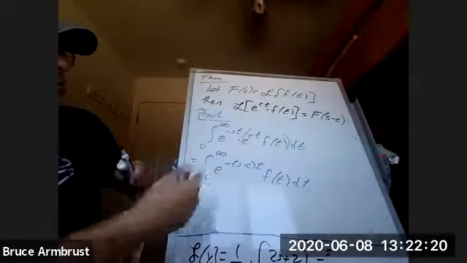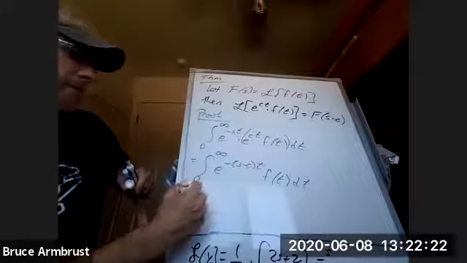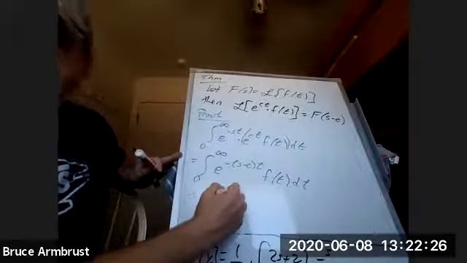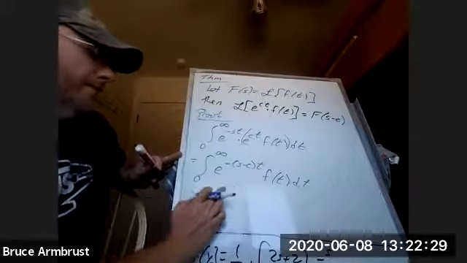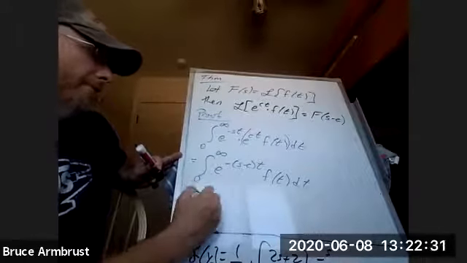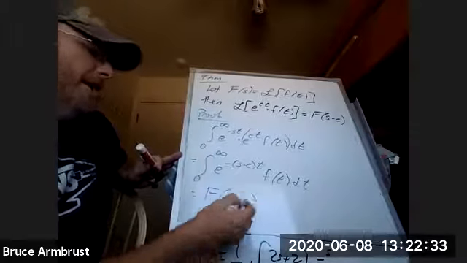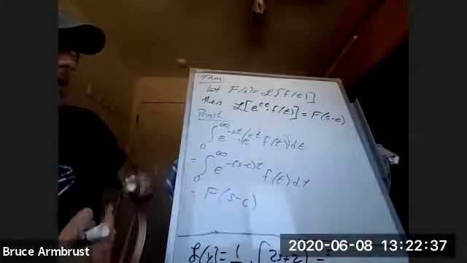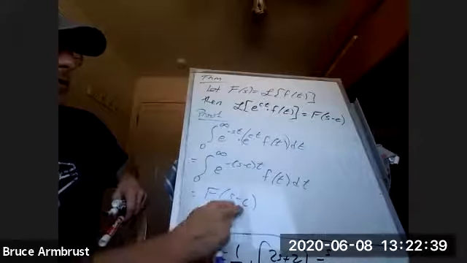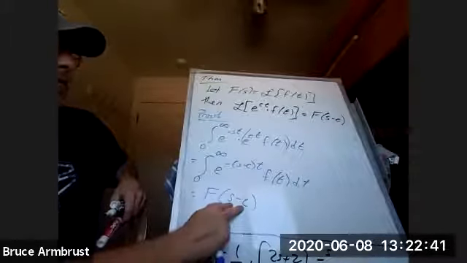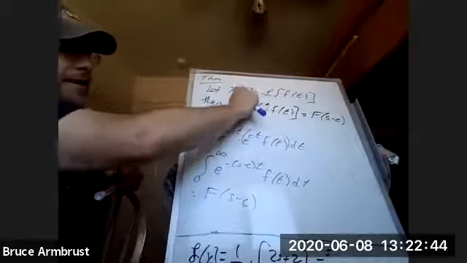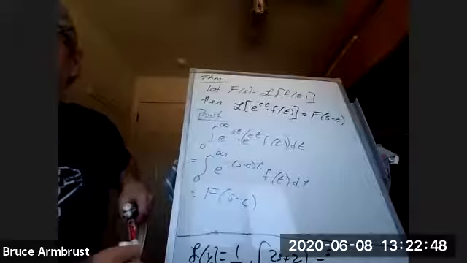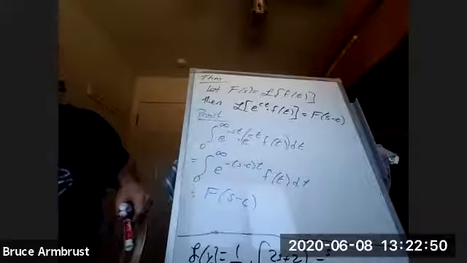Okay, if you look at this and just look at its form, you can see that it's equal to big F of s minus c. Because if you go back to the original definition of Laplace transform and you put in s minus c, look at this first line, you plug in s minus c, you get exactly this form.